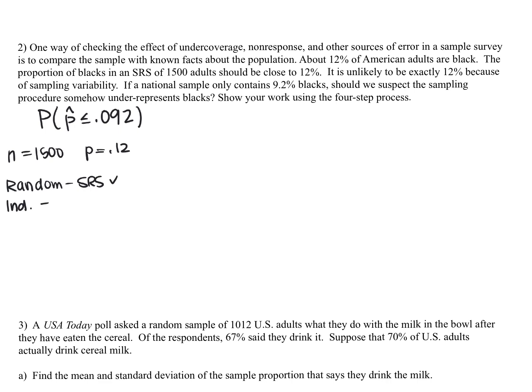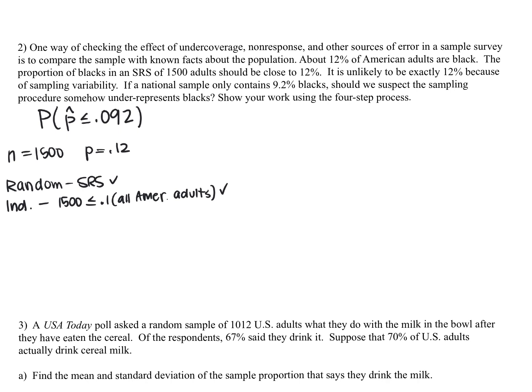Next, independence. Our sample size, 1,500, has to be less than or equal to 10% of all American adults. We know there are at least 15,000 American adults, so we're good there.